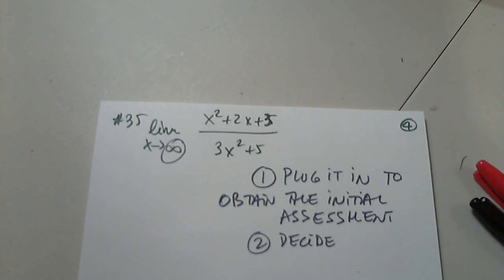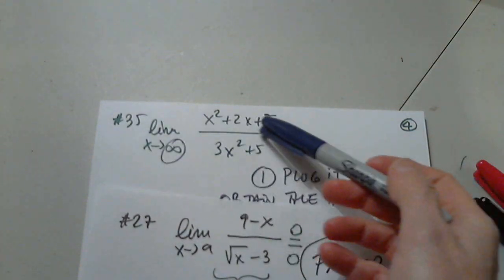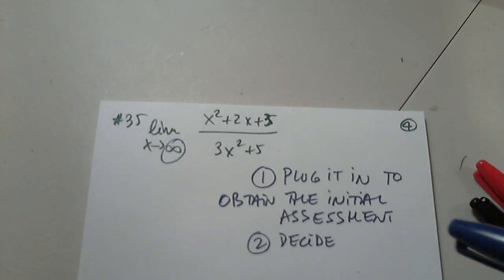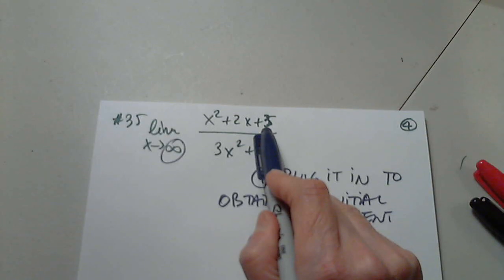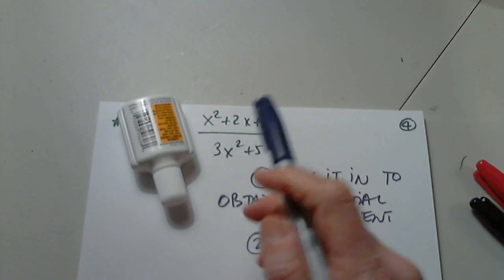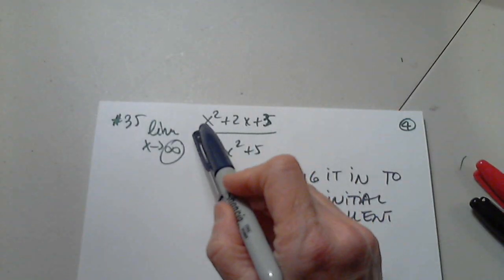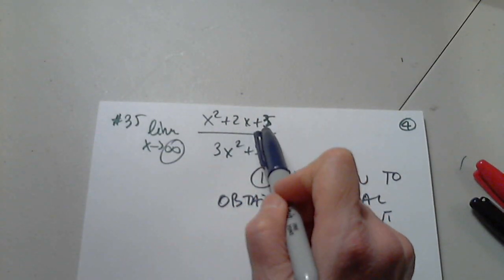So the previous situations were nice and easy. I had to plug in 9. How will I plug infinity in here? Very simple. I'm going to ask you from these 3 terms, which is the most powerful at infinity. Which of these 3 terms is the most powerful?